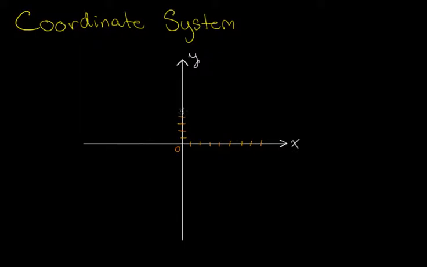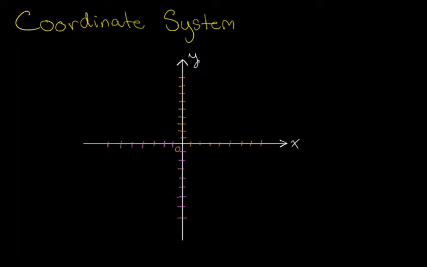So to the right is the positive direction along the x-axis, and up is the positive direction along the y-axis. Meanwhile, down is the negative direction for the y-axis, and to the left is the negative direction for the x-axis.